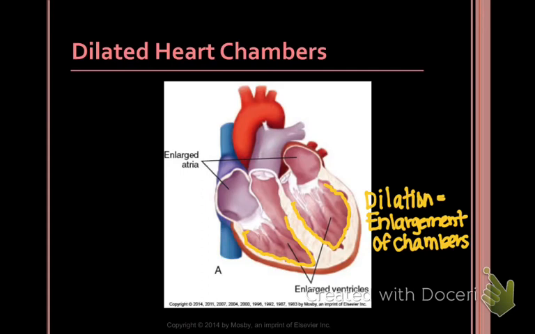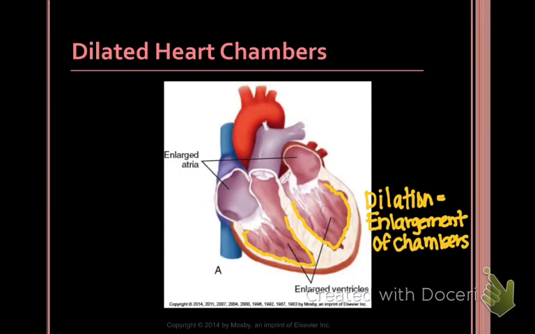A lot of girls may be able to relate to this: your hair ties. The more you use them, the once smaller hair tie becomes bigger because it's stretched and it's lost its elasticity.